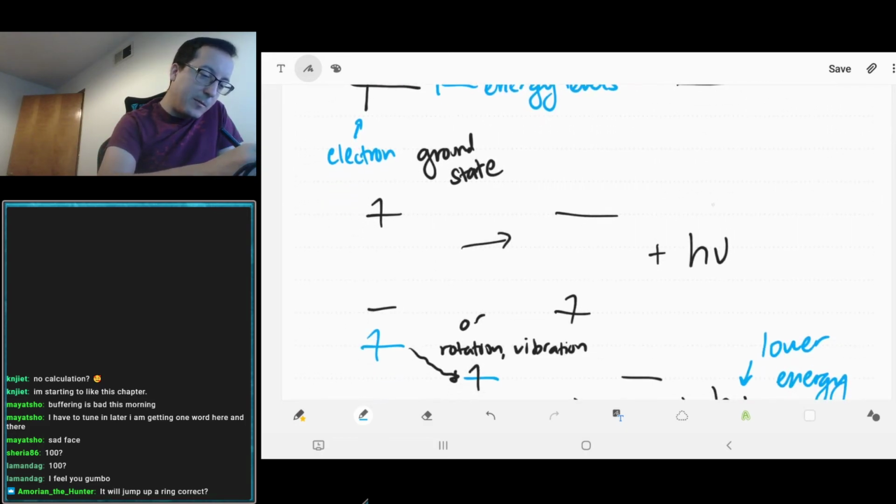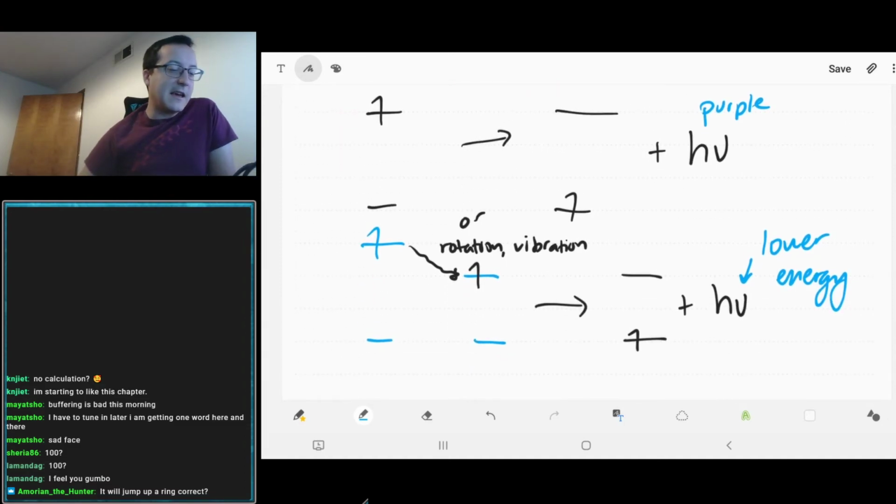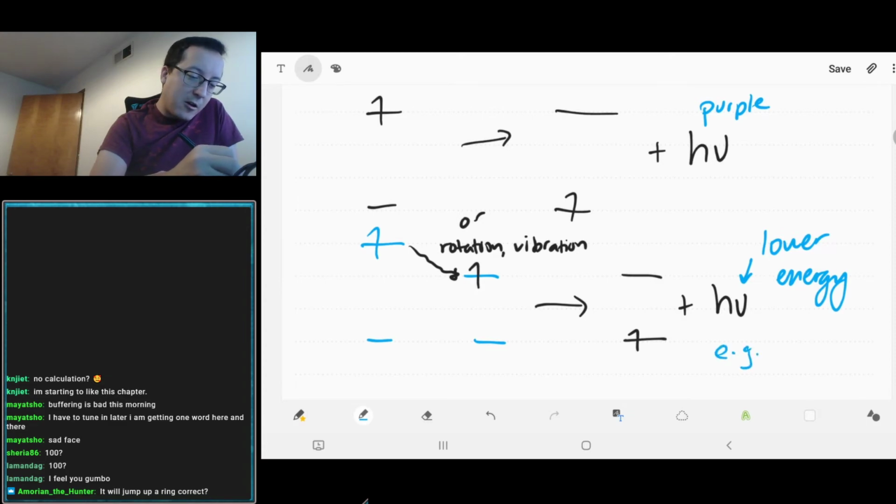Okay, this one would be purple light again, because it's just releasing the same amount of energy that came into it. However, in this second case, where we have lost a little bit of energy to rotation or vibration or some other process, now this one might be a green photon that comes out.